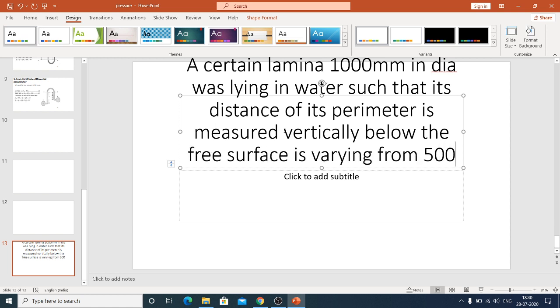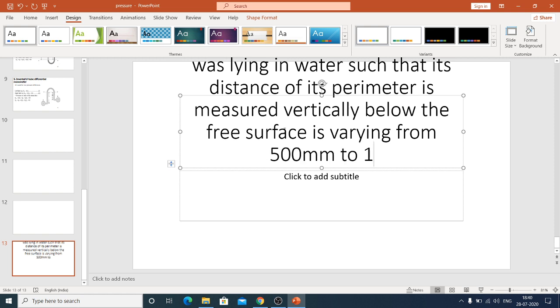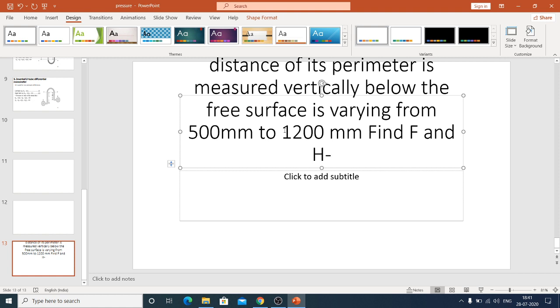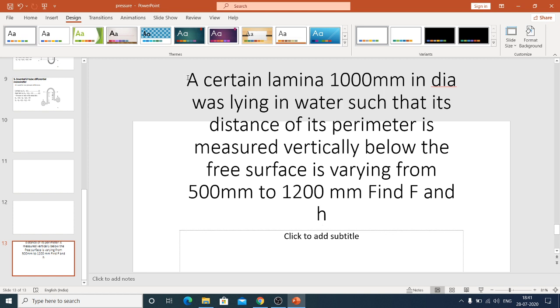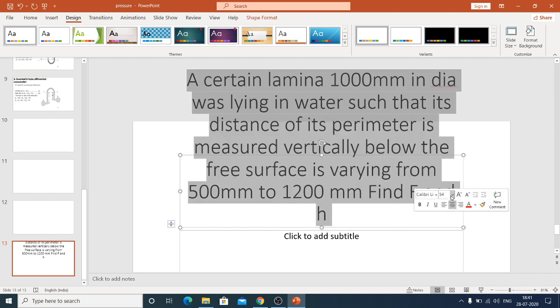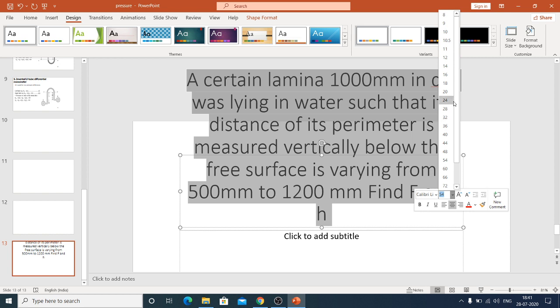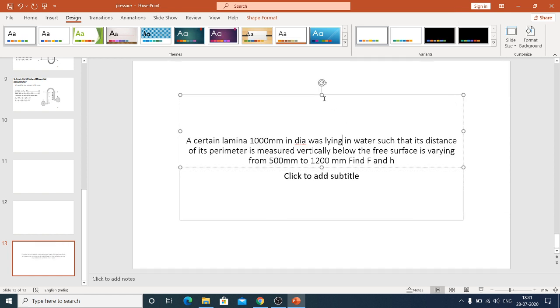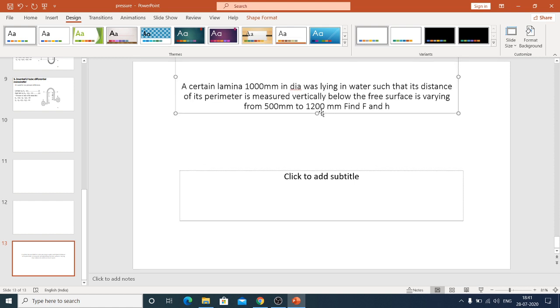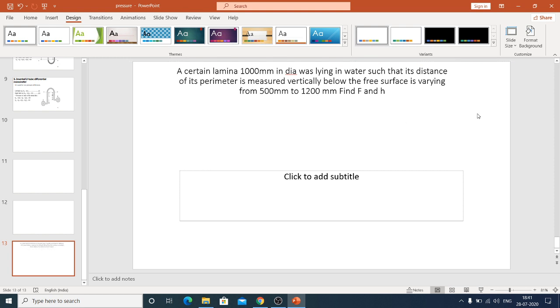Find the force and H bar. Okay, so this is the question.